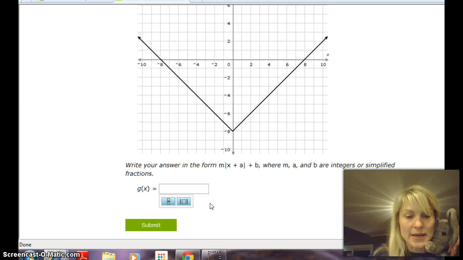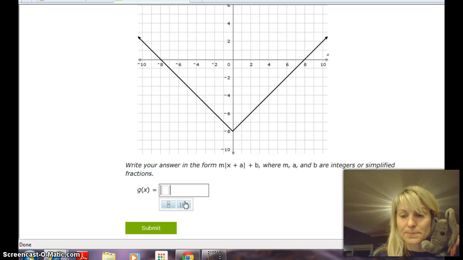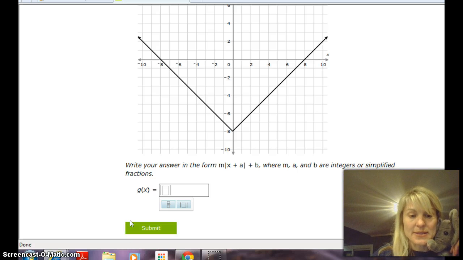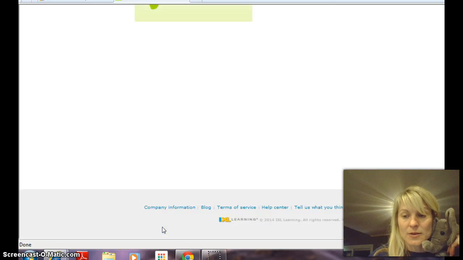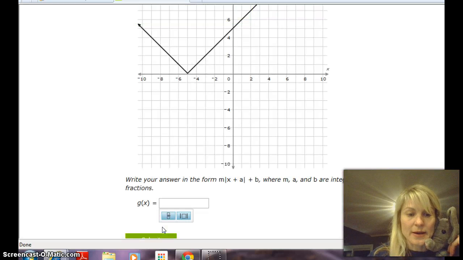So just like with the exponential functions, I'm going to have my x here, and then it went down 8, so we say minus 8 and submit. So that translated 8 negative. So we just add or subtract onto the equation, okay?